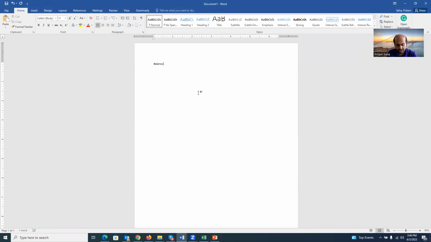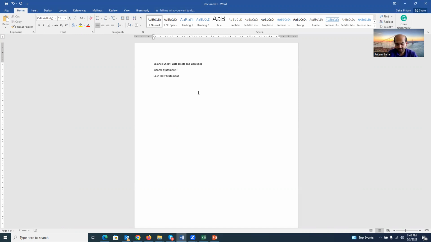So balance sheet, income statement, and cash flow statement. Now, what are the differences? When you talk about balance sheet, it lists assets and liabilities.